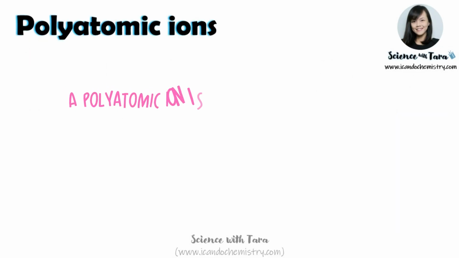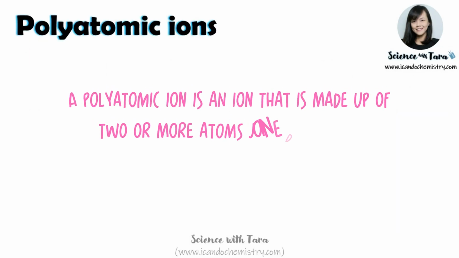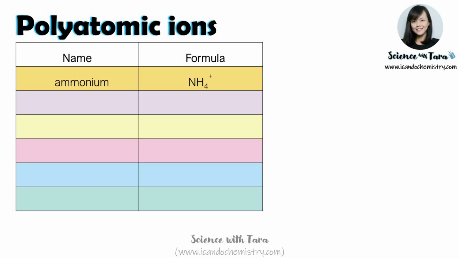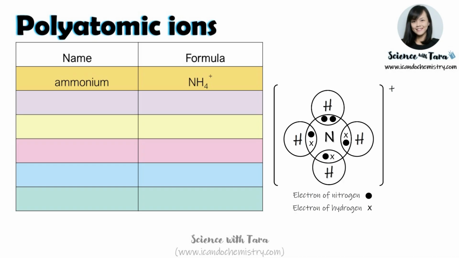A polyatomic ion is an ion that is made up of 2 or more atoms joined together and carries an overall charge. Now here are the common ones you need to remember. Ammonium ion has a formula of NH4+. It means that there's one nitrogen and four hydrogen, they are covalently bonded together, and the overall charge of this ion is positive 1.